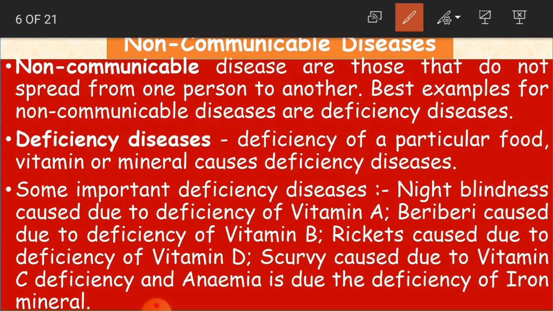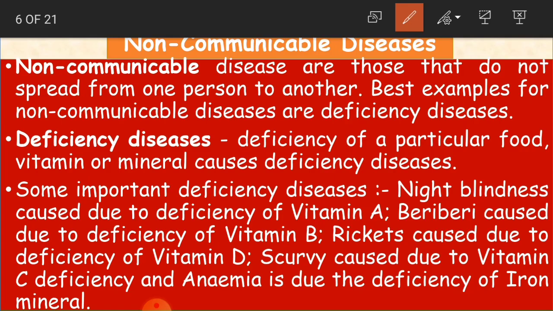We don't have proper growth. So this is all from vitamin D. Okay, children. And scurvy is caused due to vitamin C. Scurvy, in the sense, we'll have blood in our gums. Blood will be bleeding in our gums. That is also because of vitamin C deficiency.